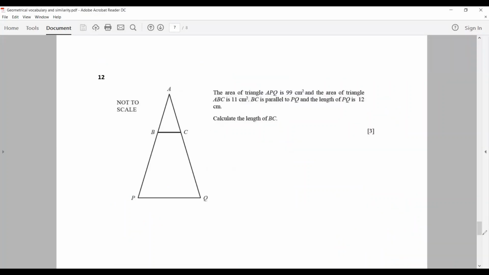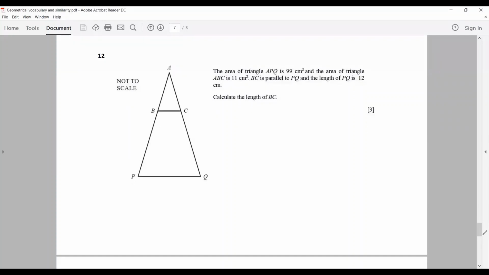That takes care of question number 11. Moving on to question number 12, we have two triangles and we're asked to find the length BC, this horizontal length. What other information is given? We know the area of APQ, the bigger one, is 99, and the area of the smaller one, ABC, is 11.